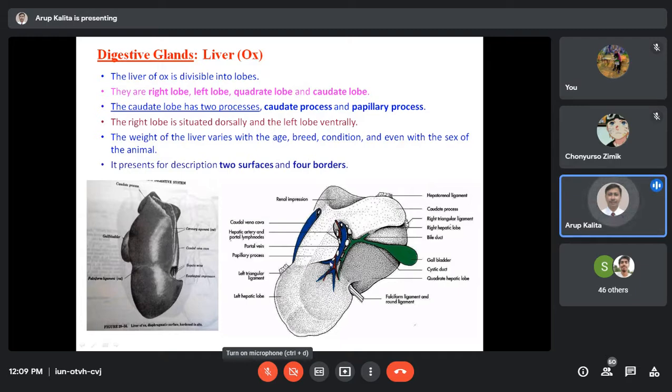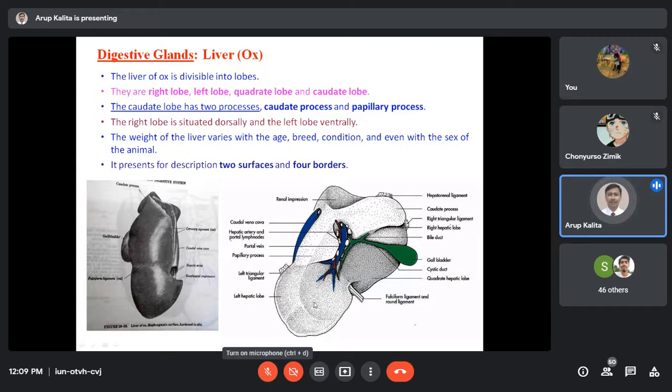This caudate lobe has two processes: the caudate process and the papillary process. So the caudate process plus the papillary process is the caudate lobe. This is the right lobe, this is the quadrate lobe, this is the left lobe.